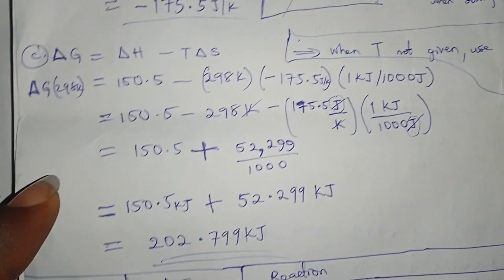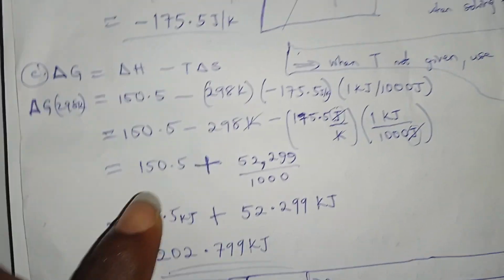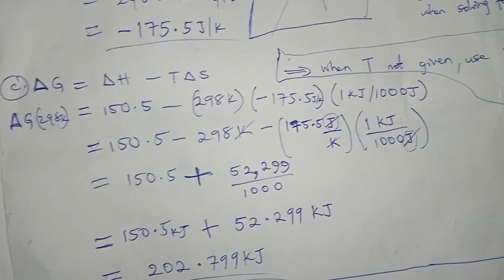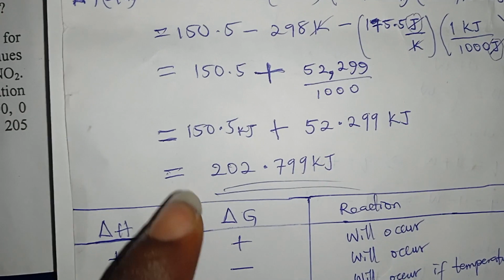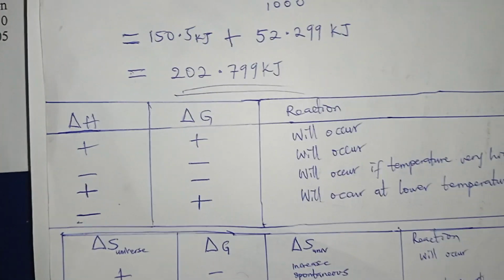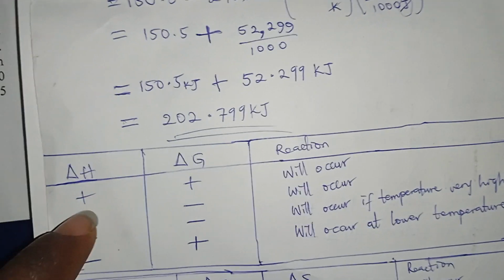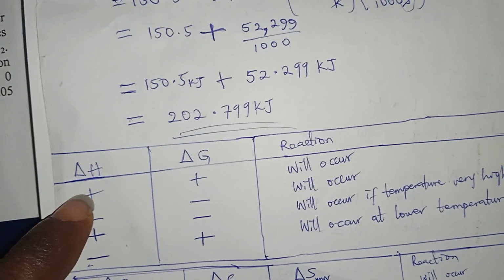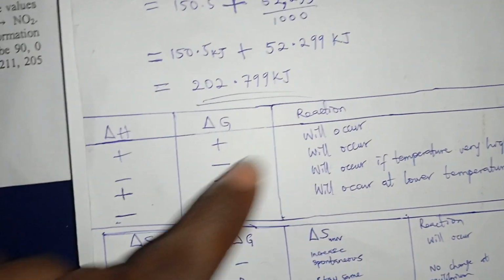When you do this very well, you have 150.5 plus 52,299, and solving further you get this value. Then it will be good enough that you know this table, delta H and delta G. When the sign of delta H, the enthalpy, is positive and Gibbs free energy is positive, reaction will occur.